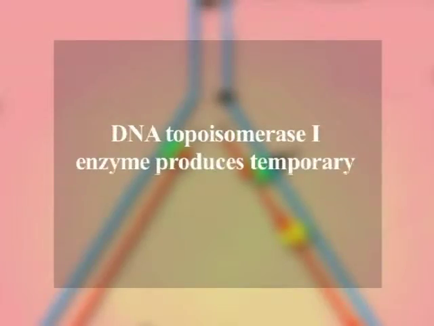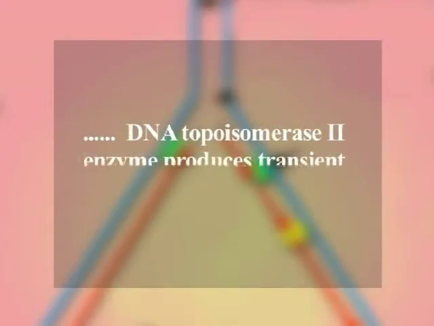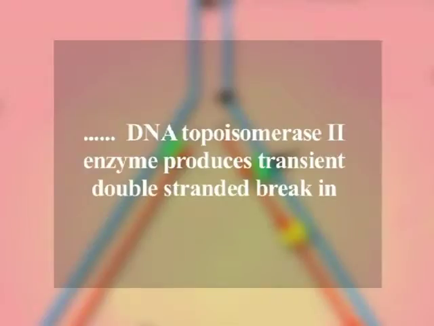The topoisomerases are of two types. Number 1, DNA topoisomerase 1 enzyme produces a temporary single-stranded break or nick in DNA. And number 2, DNA topoisomerase 2 enzyme produces a transient double-stranded break in DNA.